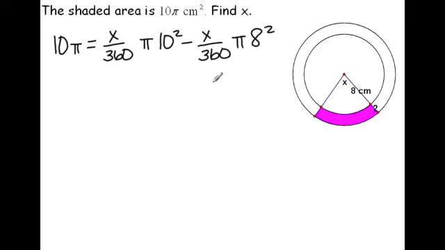Notice that each term has an x over 360 and a pi. So that's something we can factor out. So we get 10 pi is equal to x over 360 times pi. And then in the quantity, we'll take 10 squared minus 8 squared.